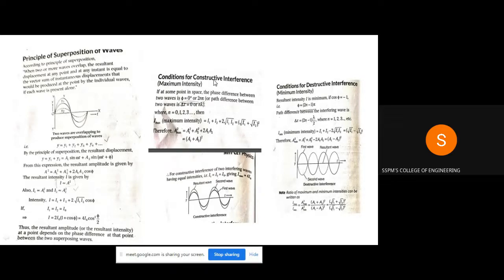The two waves interfere constructively in order to produce maxima of intensity.